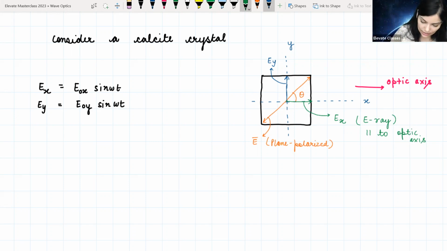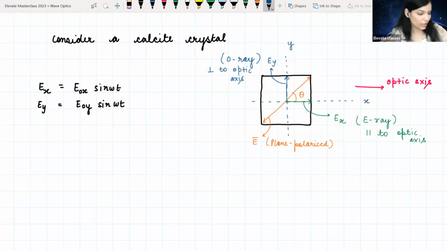So I will say that the EY is actually my O ray, the ordinary ray. So this is perpendicular to the plane, or you consider in terms of optic axis, perpendicular to the optic axis. So I'm calling that my O ray. And if I'm not wrong, that is how we defined it. So then my O ray is actually S polarized.